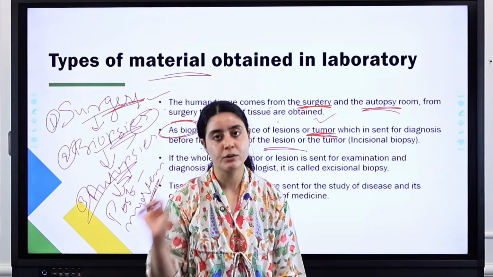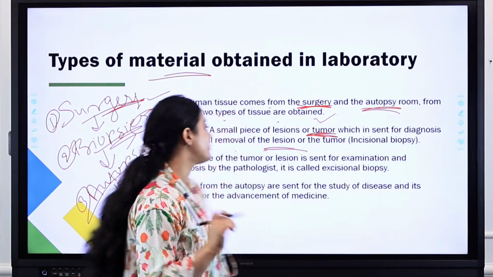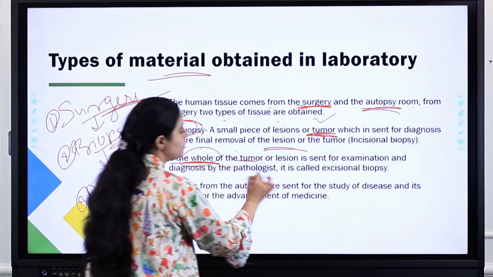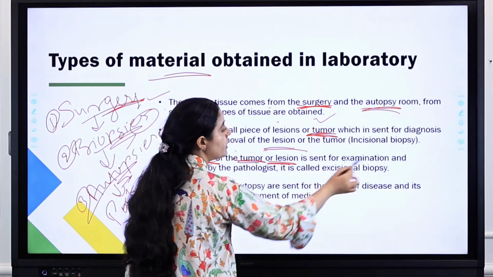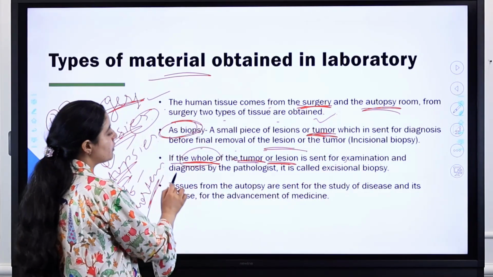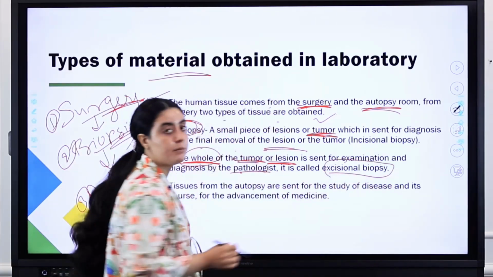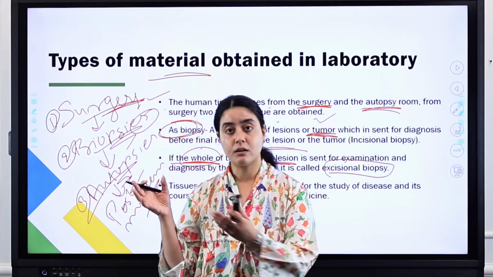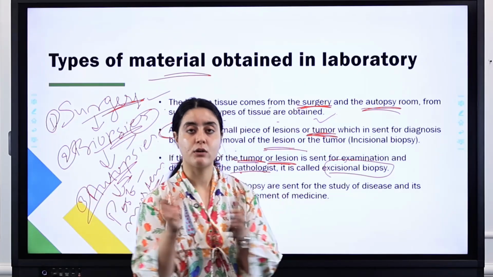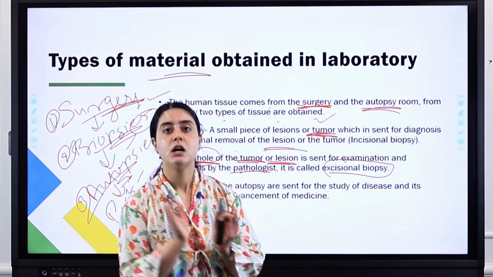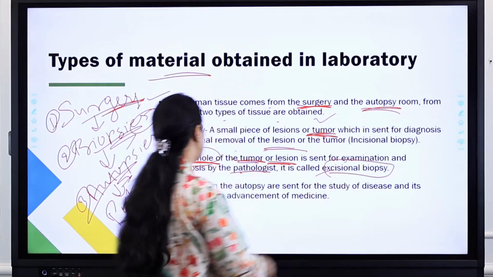This is the biopsy sample. Then if the whole tumor or lesion is sent for examination and diagnosis by the pathologist, it is called an excisional biopsy. We may receive a whole organ like a whole liver, whole uterus or whole breast. This is known as an excisional biopsy.